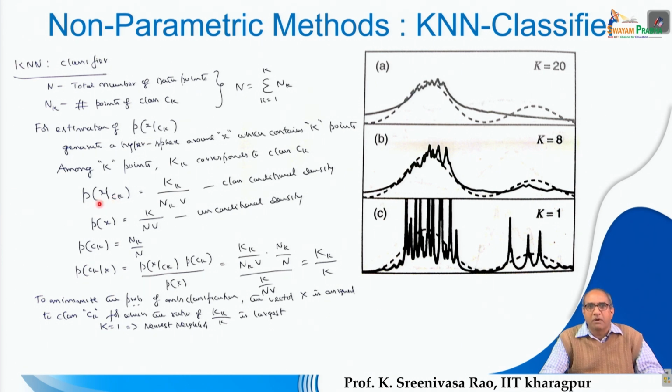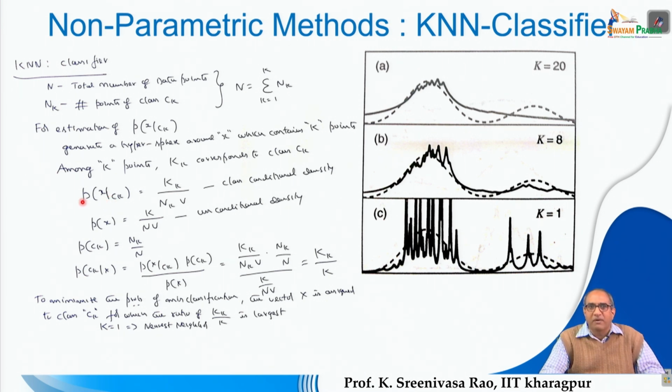Probability of x given ck is the probability of the feature vector given ck. At x there are Kk points out of k points. Within that volume there are Kk points, and with respect to ck the total number of points is nk, and the volume is V. So we can estimate the class conditional probability around the data point x.